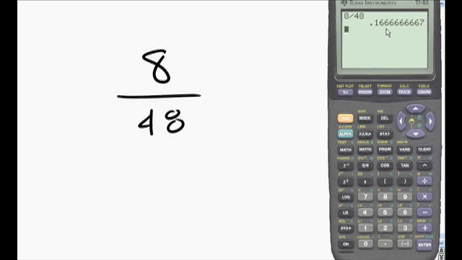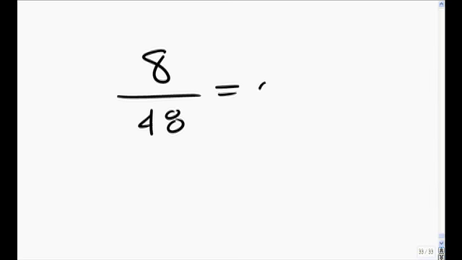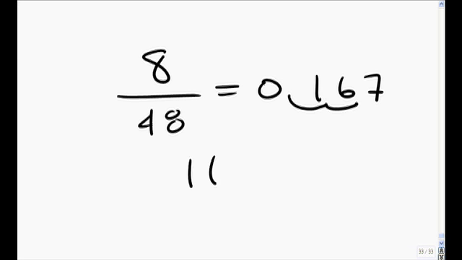The answer is 0.167. Multiplying this number by 100 simply moves the decimal 2 spaces to the right. "16.7% of the class has 1 child."